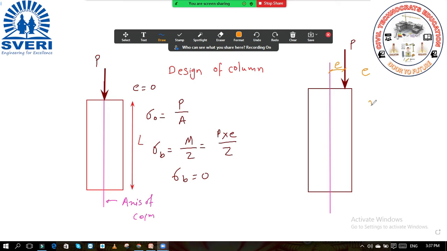Here the direct stress will remain the same, P by A. But the bending stress sigma B will be P into E by Z, that is M by Z, due to the eccentricity. So in the first case, the eccentricity is 0, so sigma B is 0. But in the second case, the eccentricity is not 0, so sigma B is present here.